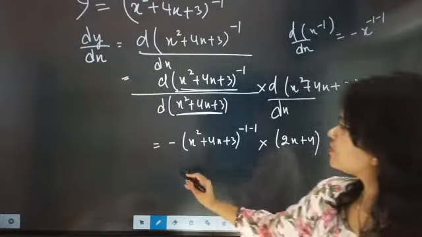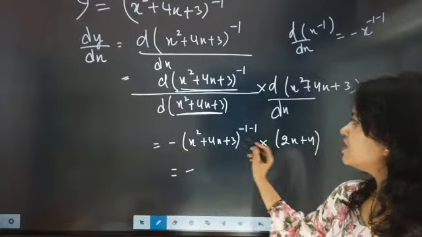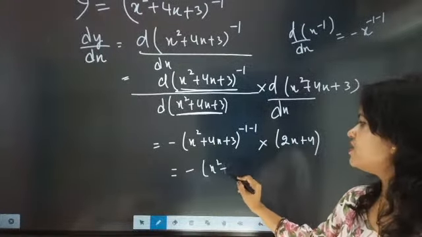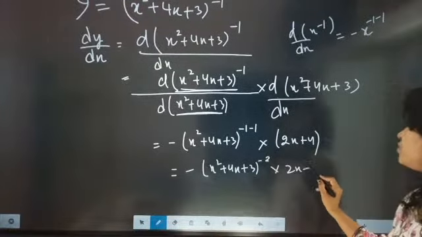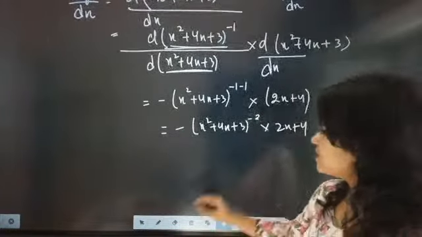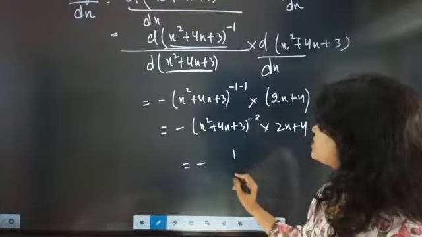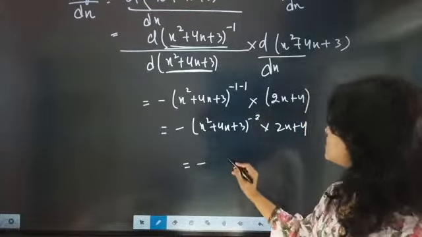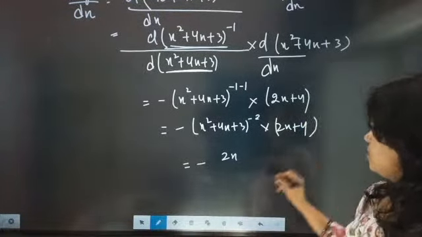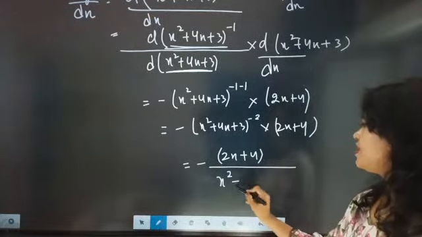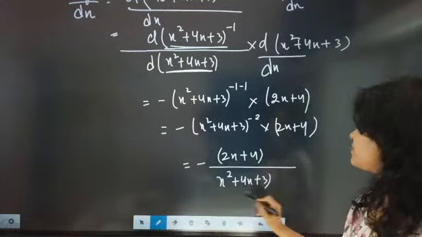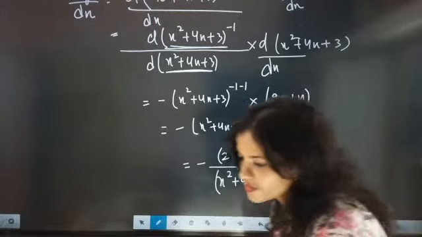This part will become x square plus 4x plus 3 to the power minus 2 into 2x plus 4. So it is exactly going to come as minus (2x plus 4) by (x square plus 4x plus 3) whole square. Story over.